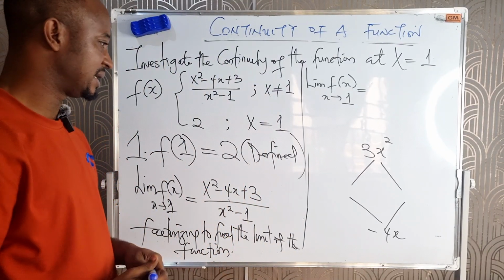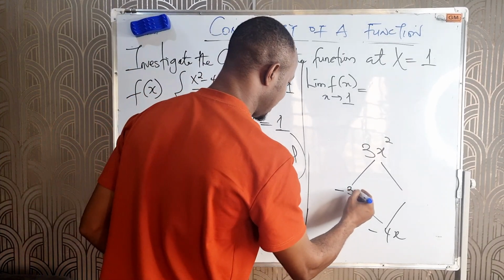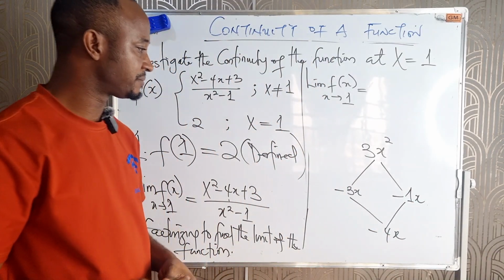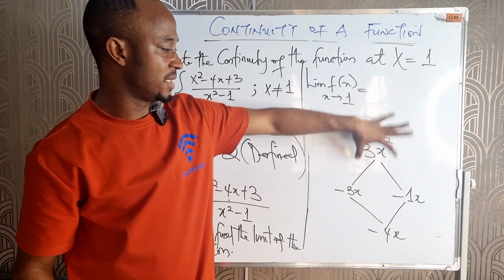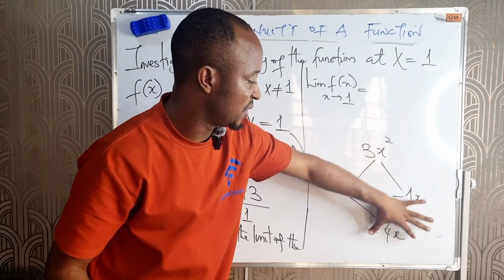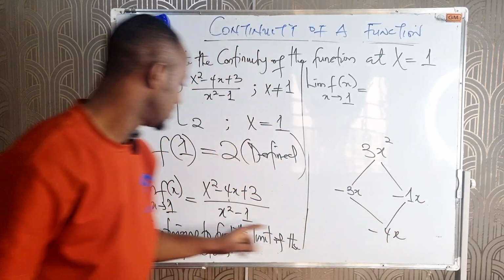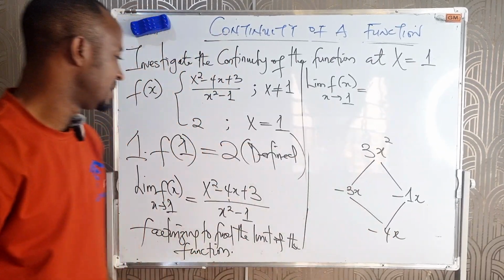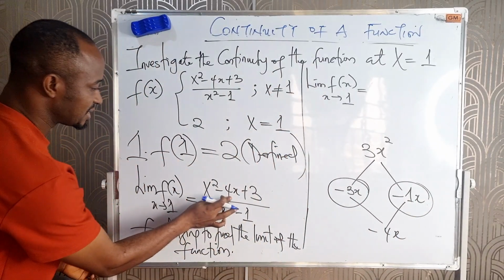Let's think. Definitely, the two numbers will be minus 3x and minus 1x. Let's verify. Minus 3x times minus 1x is 3x squared. Minus 3x plus minus 1x gives us minus 4x, which is the center term. So these two numbers, we replace the minus 4x with them.